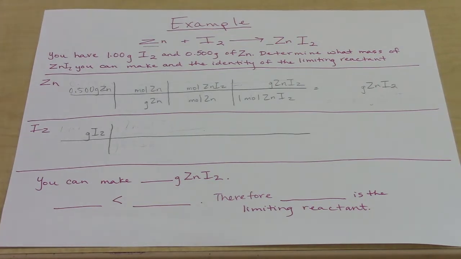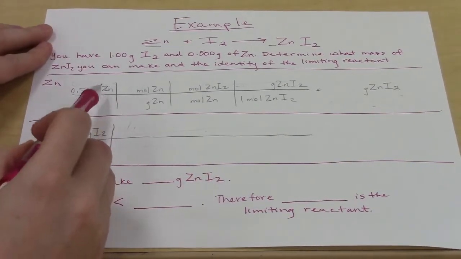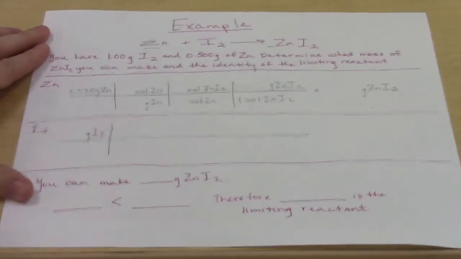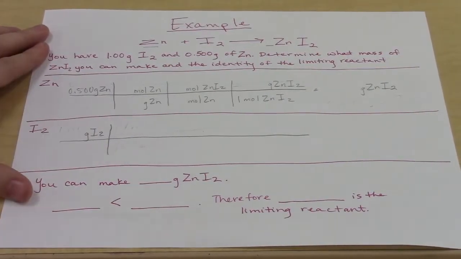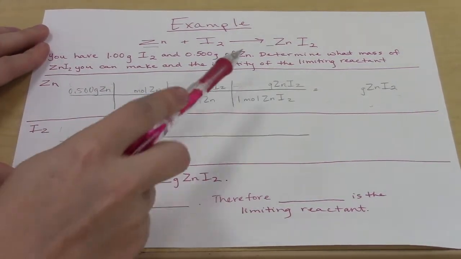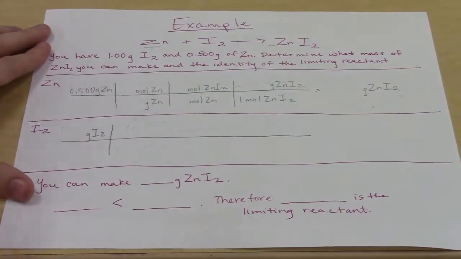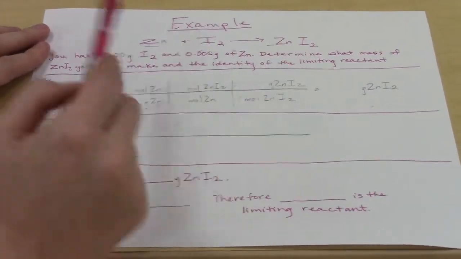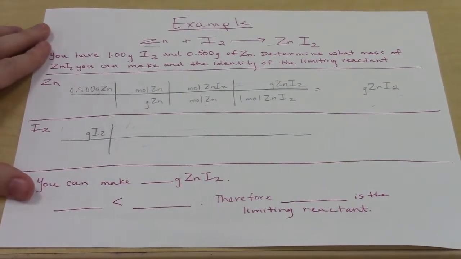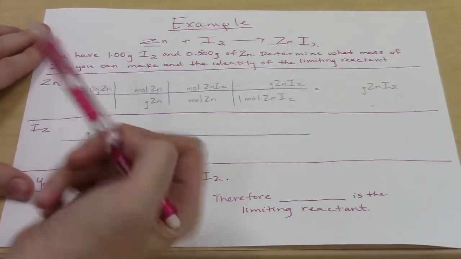Since I know those are the steps, I can see I've got the given mass, and I know I want to go to moles, so I'm going to have to use the molar mass. Then I'm going to use that ratio from my balanced equation, moles of reactant to moles of product. Since I want to get to grams of product, I'm going to use the molar mass of the product as well. And that's going to give me my final mass of zinc iodide, which is what I want, right? Determine what mass of zinc iodide I can make.